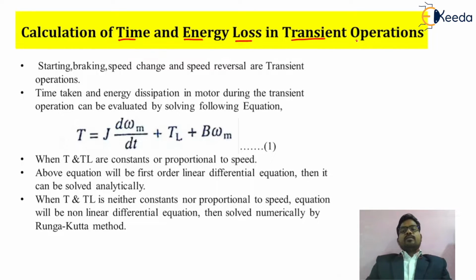Because in day-to-day life, in an electrical drive, we have two types of state. The first is called the steady state, and the second is called the transient state.